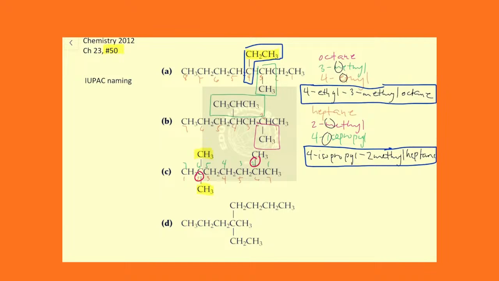Okay, so remember we still want the least numbers as possible in our naming. So if we follow green, we're gonna end up with 2 and then 6, 6, right?